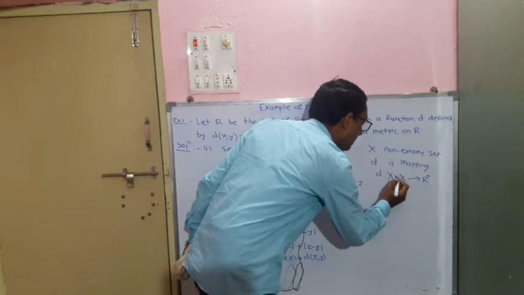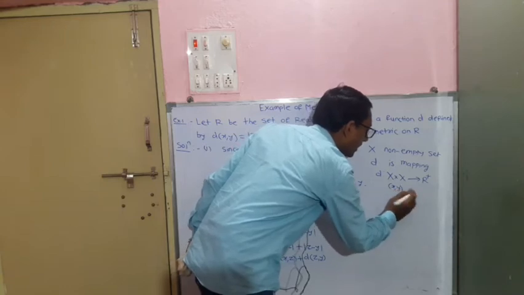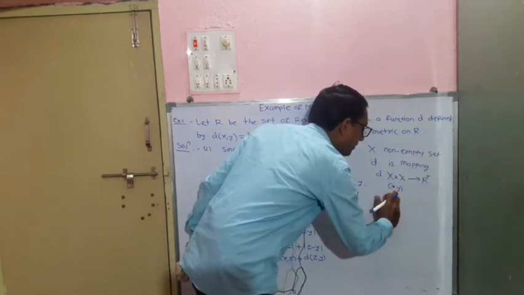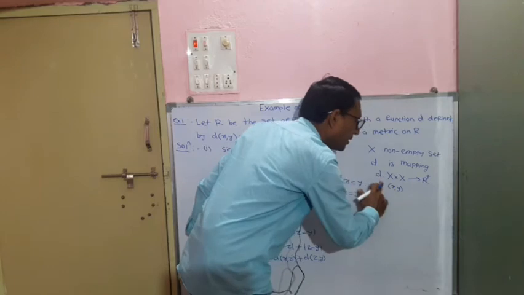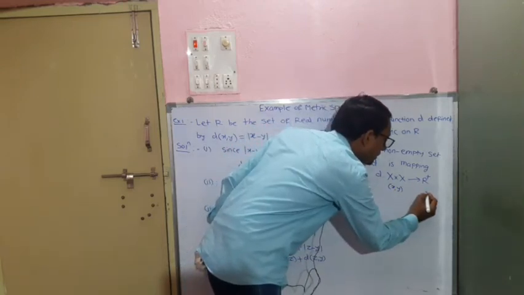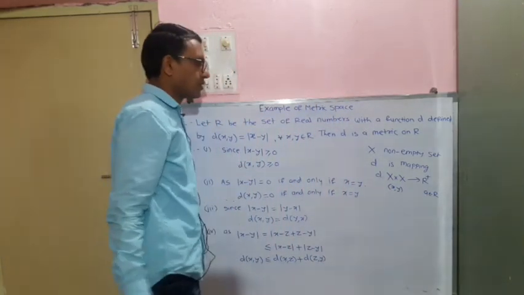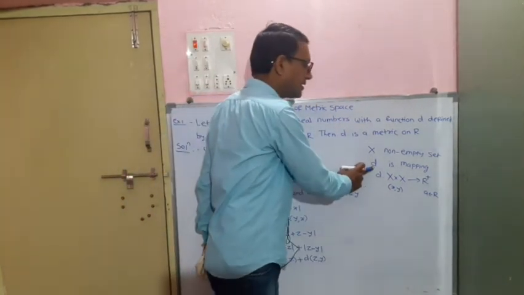So the elements of this set are like X comma Y, and the image of this ordered pair under the function is some real number A. So X is a non-empty set and D is a mapping.